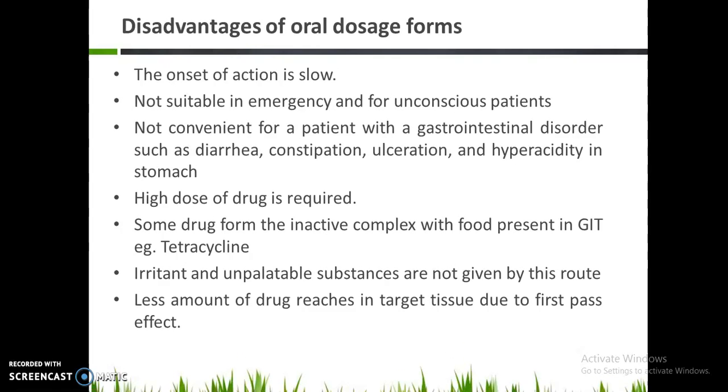Okay. Next, the disadvantages of the oral dosage form. The first and most common is that the onset of action is slow. It means after administration, the drug reaches and shows its effect after 1 hour or half an hour as compared to parenteral drugs. Parenteral drugs show a rapid onset of action because they are directly inserted into the body. Then next, it is not suitable in emergencies or for an unconscious patient.